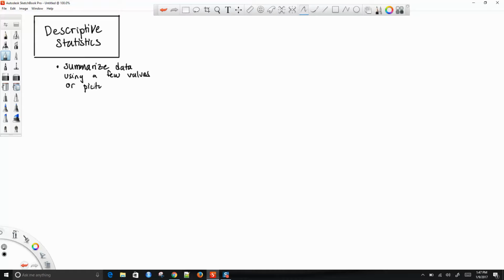This also includes looking at different kinds of data. So that's descriptive statistics, and this will take us through basically midterm 1, which covers descriptive statistics.